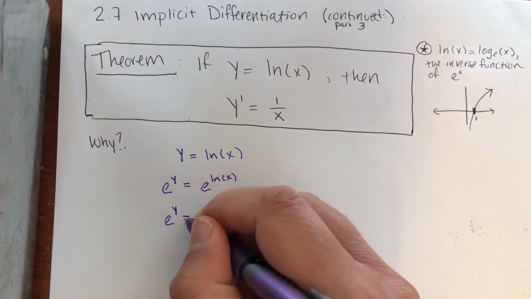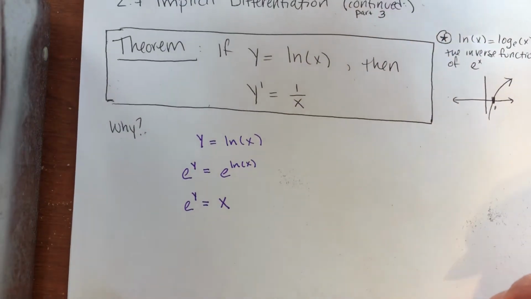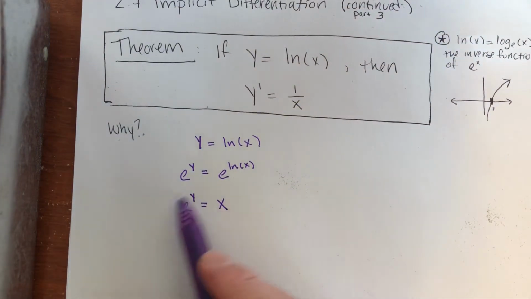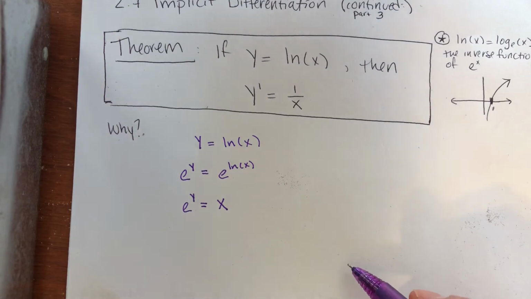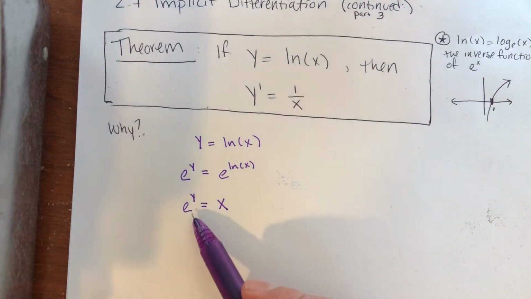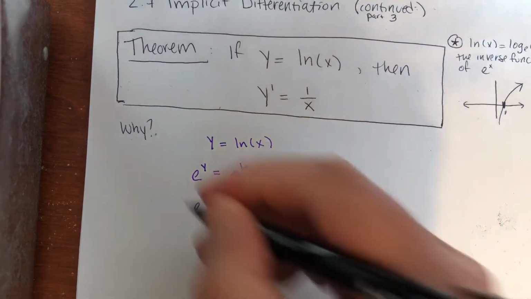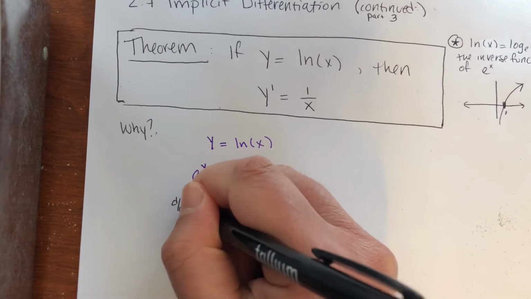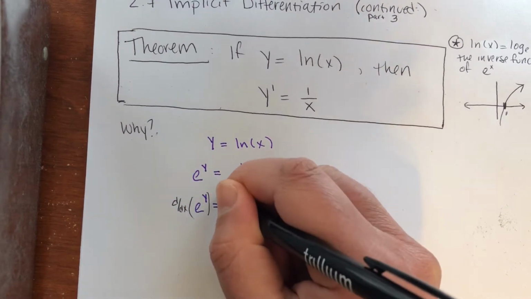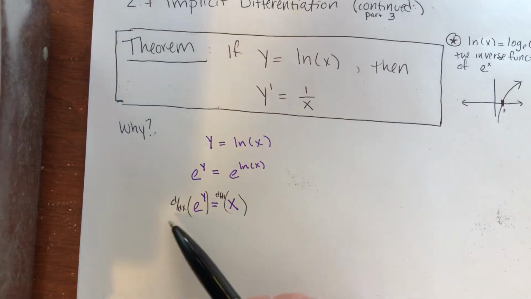So now we have e to the y is equal to x, and so we can take the derivative of this using implicit differentiation. Right, this is an implicit equation, it's not just given in terms of y. So using implicit differentiation, we take the derivative with respect to x of each side, d dx of both sides, and let's see what we get.